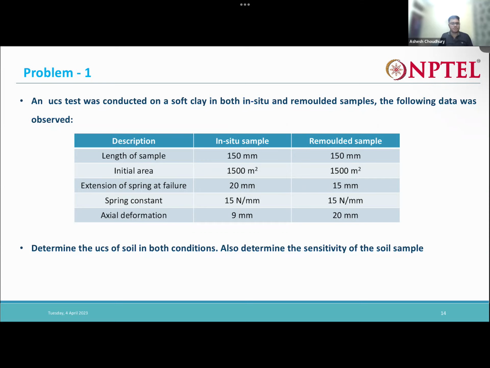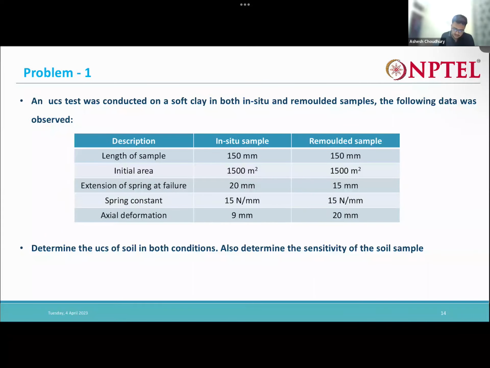Sensitivity is a ratio, right? What ratio? In situ shear strength divided by remolded shear strength. Yes. So undisturbed strength divided by the remolded strength. That is my sensitivity. You will see that the UCS of the remolded sample will become lesser than that of the in situ sample.